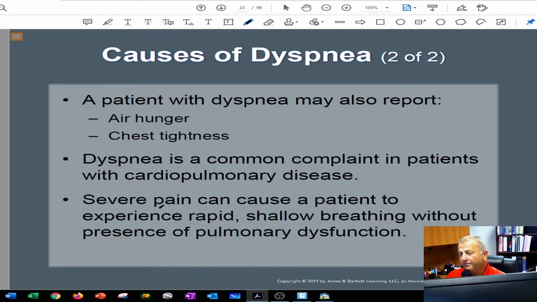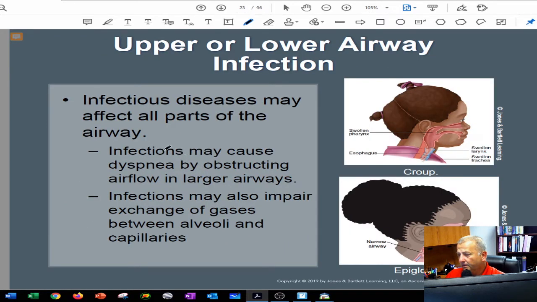Severe pain can come from severe respiratory distress because you have those intercostal muscles in between the rib cage, and they're working hard, and they're not used to working that hard, and so it can be very painful. Upper and lower airway infections.